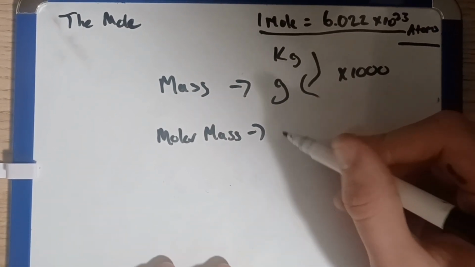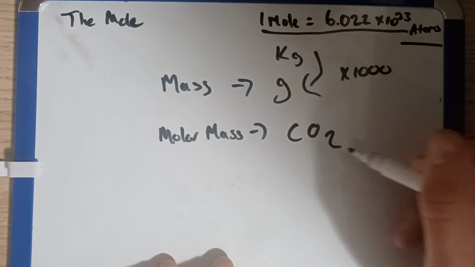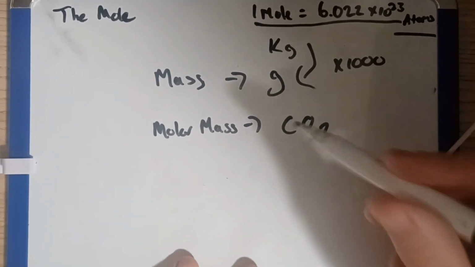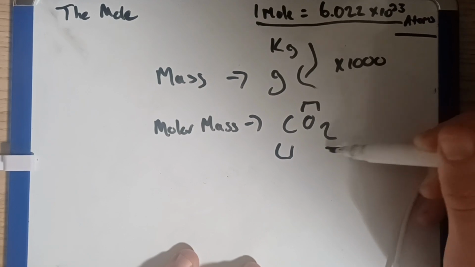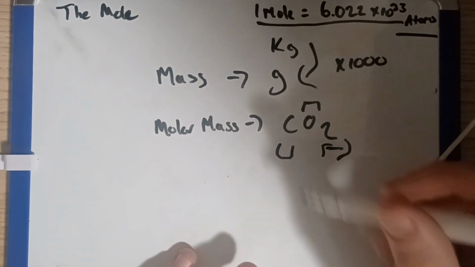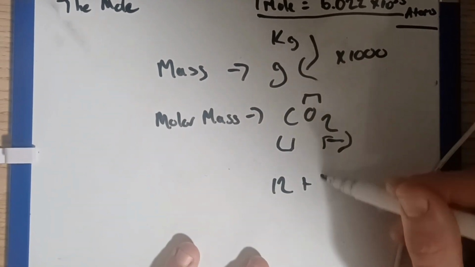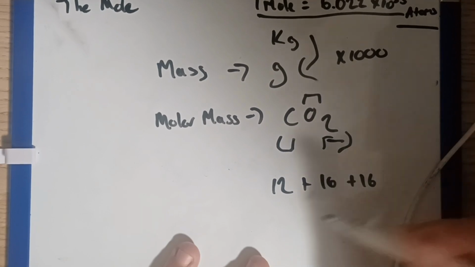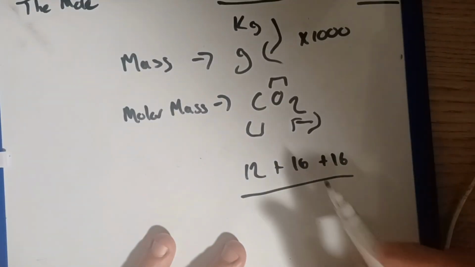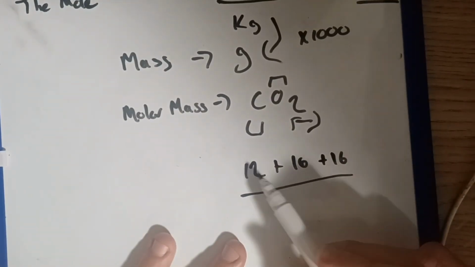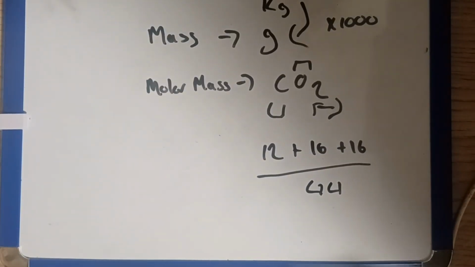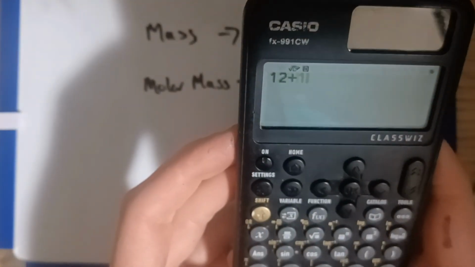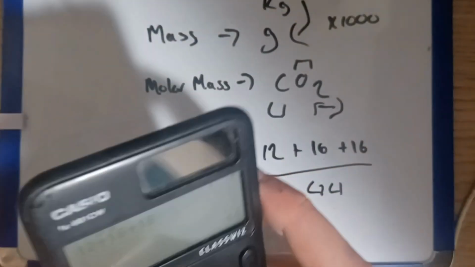So to give an example, carbon dioxide, all we're looking at is the atomic mass of our carbon and our atomic mass of 2 oxygens, which is 12 plus 16 plus 16, which overall is 44. I can't do basic maths. 44, yes.